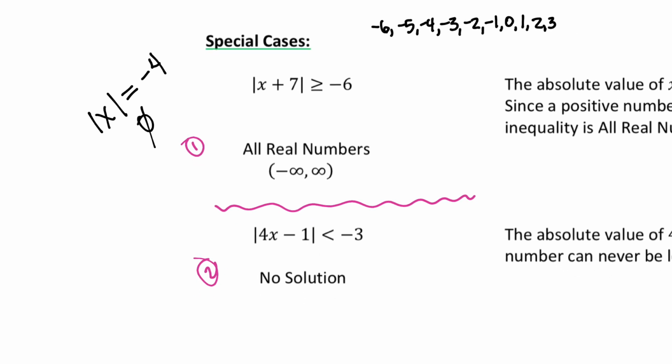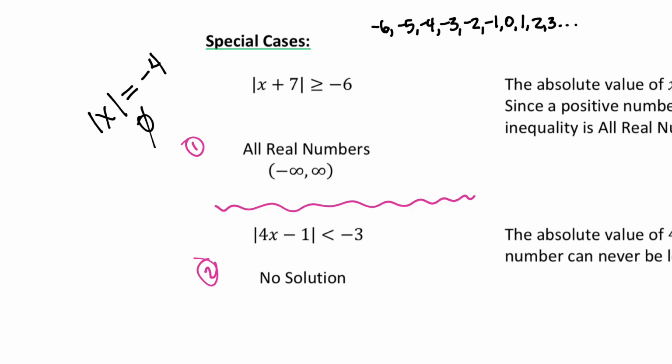So when it's a greater than, it includes all the positive numbers, and that's okay. Absolute values can be positive. Okay, so when it tells you that the absolute value, once it's isolated, is greater than a negative number, then every single number is correct because all of these numbers are greater than a negative. Every single one of them. You don't even have to solve it.